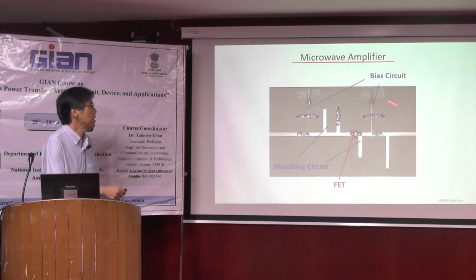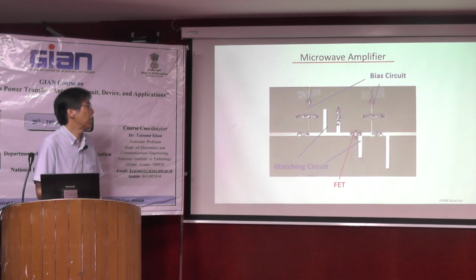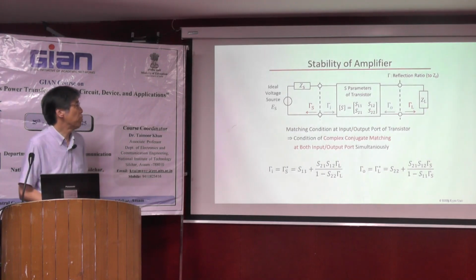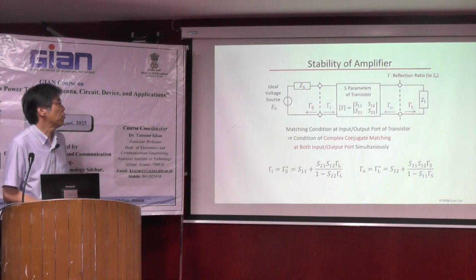But in this figure, this is a very low power and low efficiency amplifier. And if we would like to increase the efficiency, we need more technology of the circuit. And this is the basic information of the theoretical parameter of, for example, stability of the amplifier.